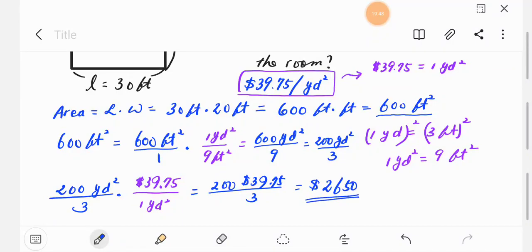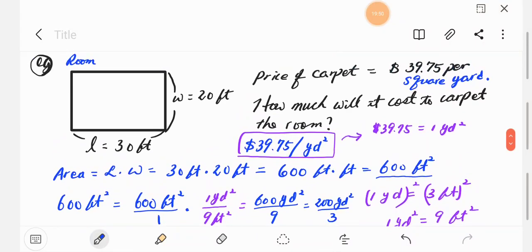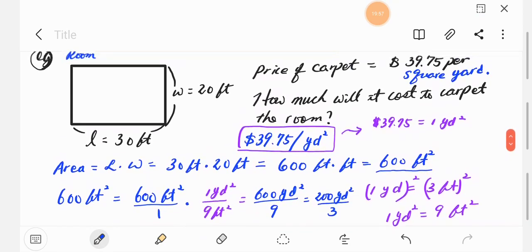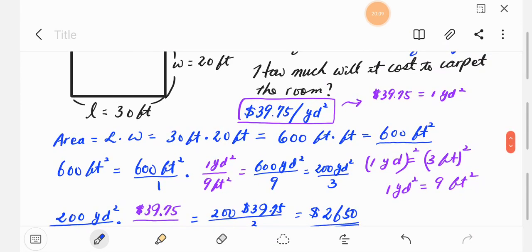So you need this much amount to carpet your room. Okay, so in this case, we use two conversion rates. One is converting from square feet to square yard, and then another conversion rate for converting from square yards to dollars.